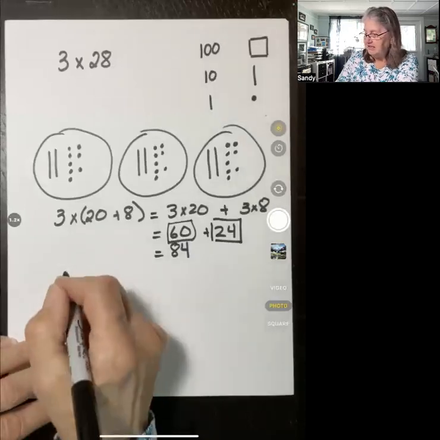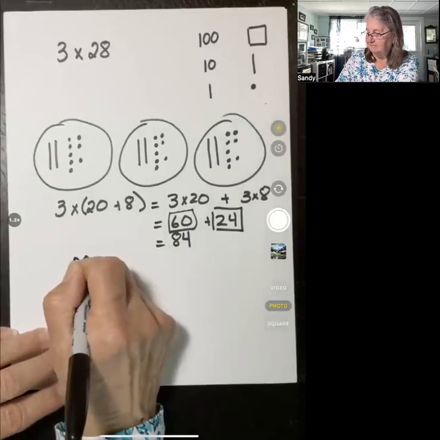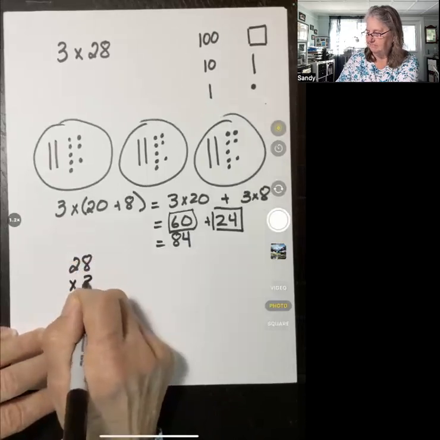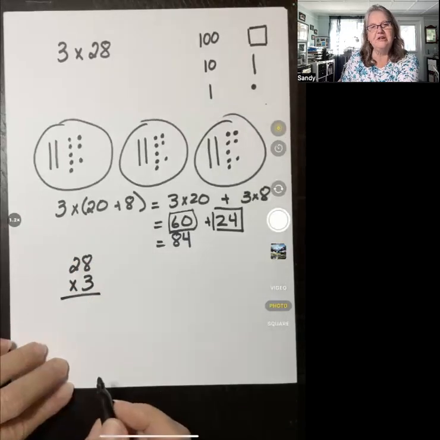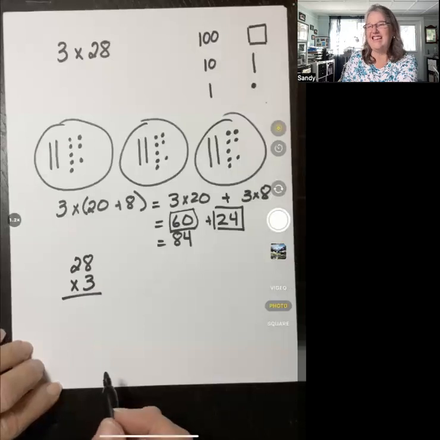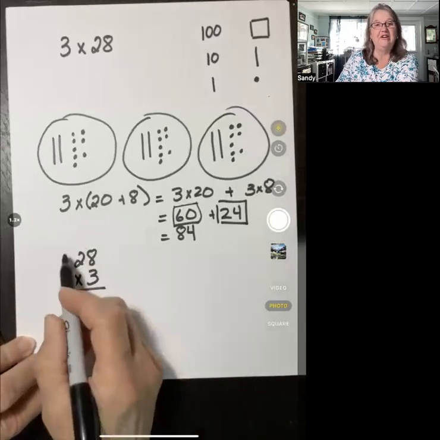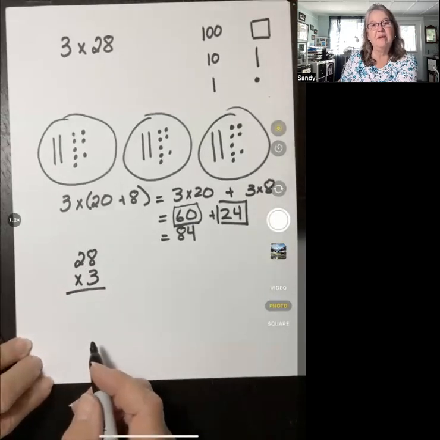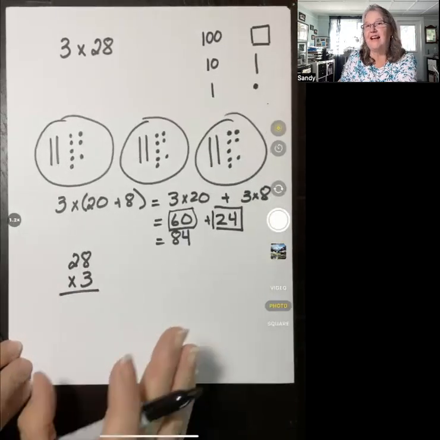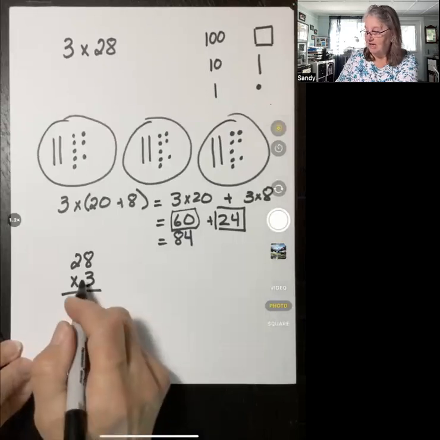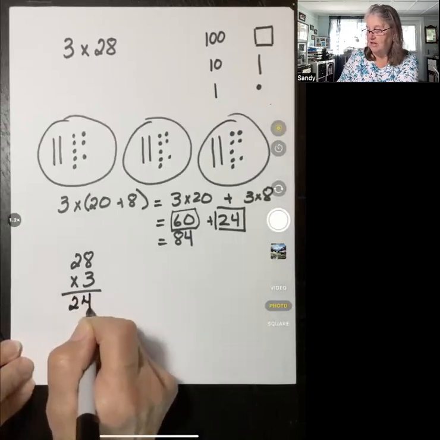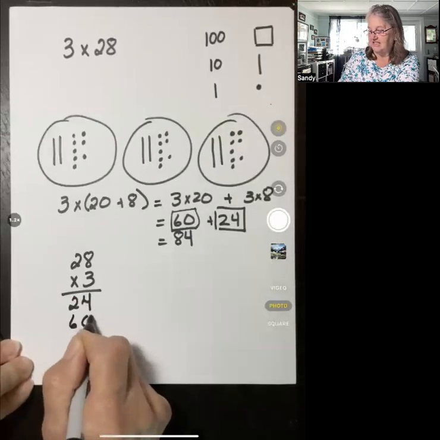So if we were to write this vertically, if I'm thinking in terms of partial products, again, instead of thinking of 3 times 8, 24, or we put the 2 up here and do that traditional algorithm, I'll be thinking of the place values for those numbers. So I have 3 8s is 24, and 3 20s is 60.